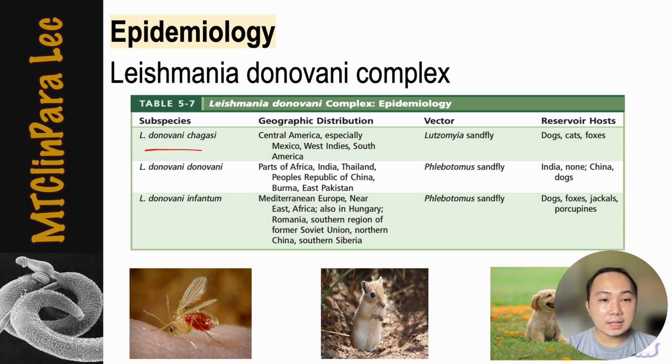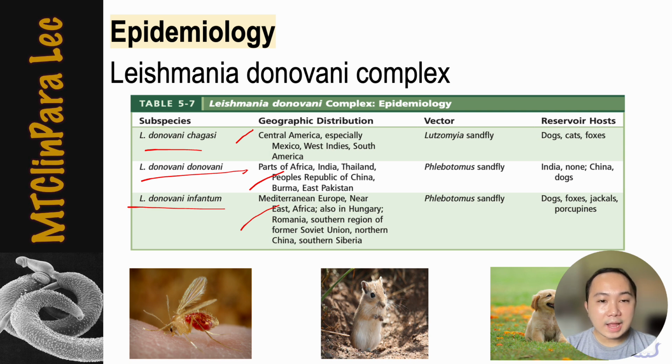For L. donovani chagasi, this is more common in the Americas, specifically Central America. For L. donovani, parts of Africa and Asia. For L. donovani infantum, this is more common in Mediterranean Europe, East Africa, and also other parts of the Middle East. When it comes to the vector, these are more specific to each species under this complex.